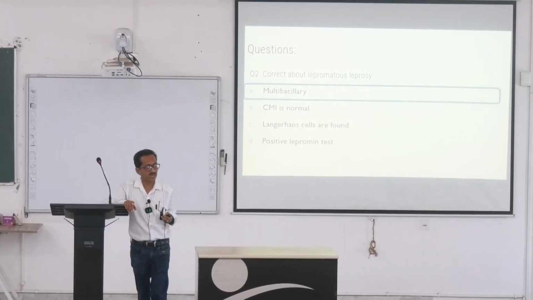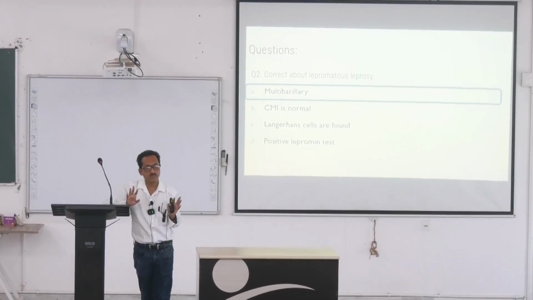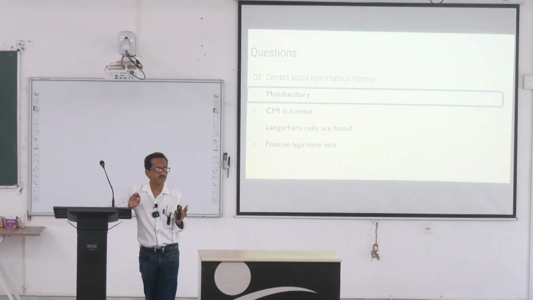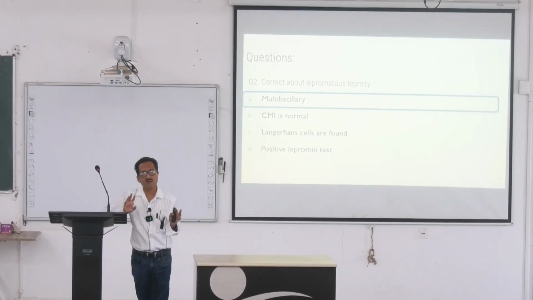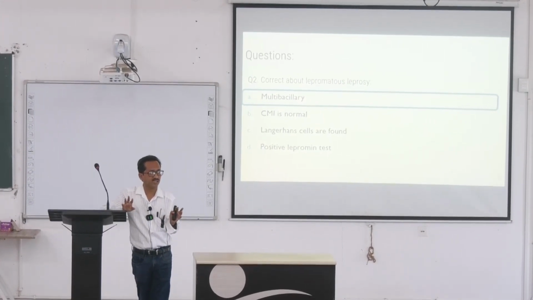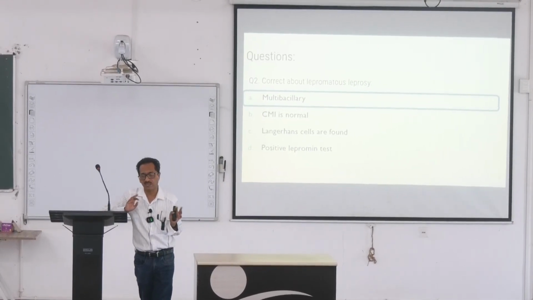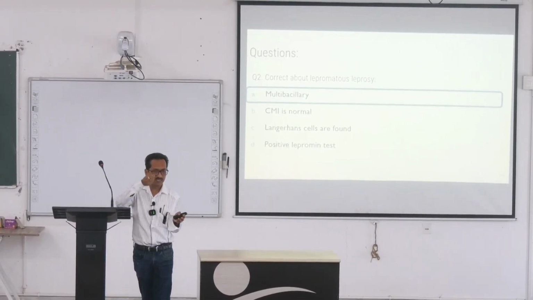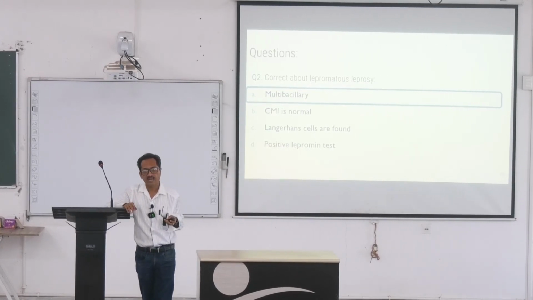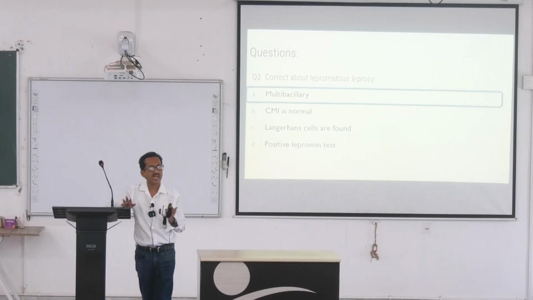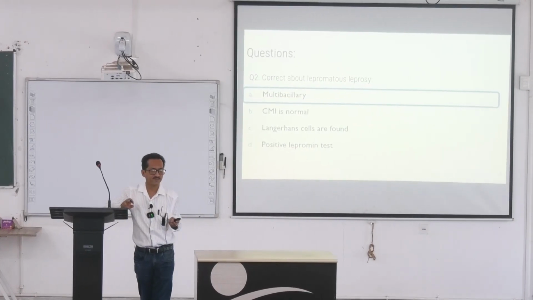For slit skin smear, you need to maintain a bloodless film, and as there are already anesthetic patches, you need not give local anesthesia. Slit the superficial skin, take the secretion, heat dry, and then stain with Zn stain.